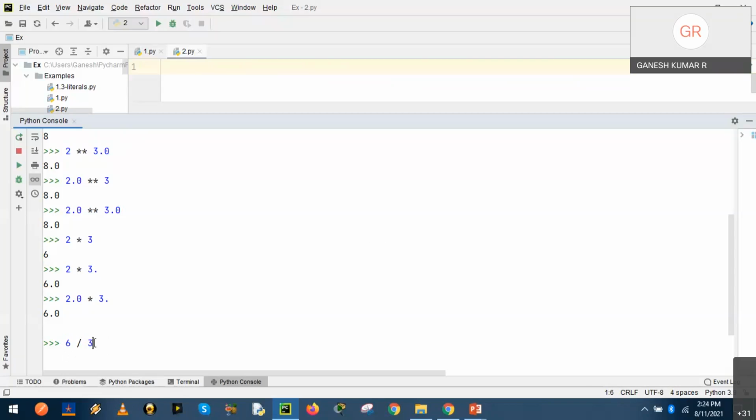Dividend and divisor. What will be the output? Any guess here? 6 slash 3. It is 2.0. Again, 6 slash 3.0. What will be the output now? It will remain the same.